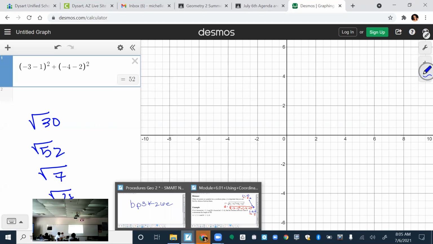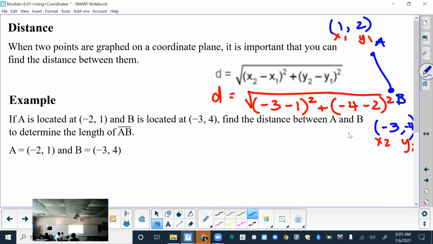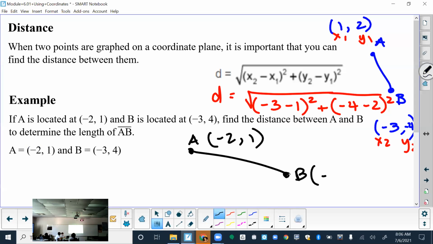All right, so then on this example, I'll have you guys do this example on your own. If A is located at -2, 1, you can draw it out if you want. This might not be an accurate picture, but let's say it's at -2, 1. And B is at -3, 4.